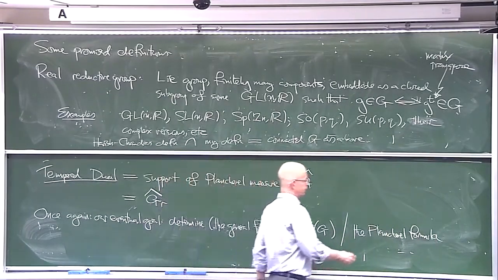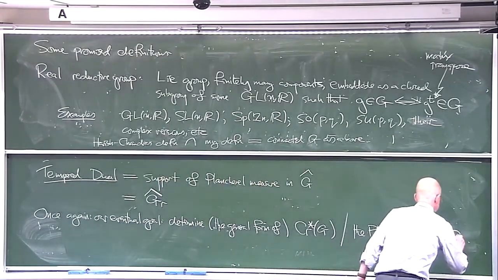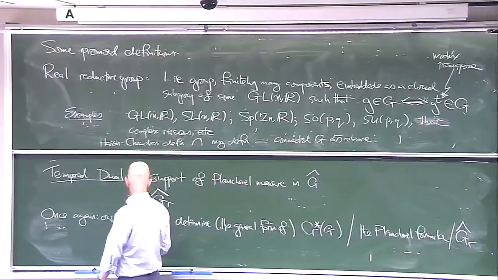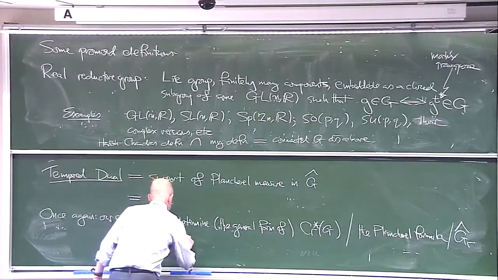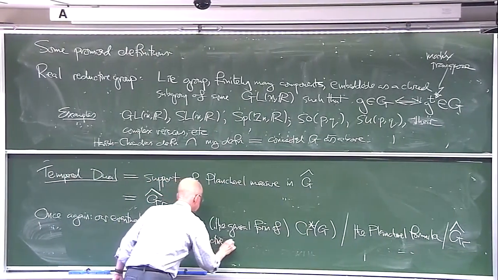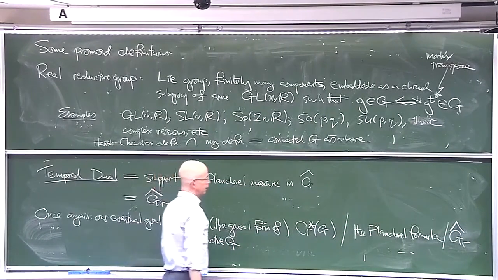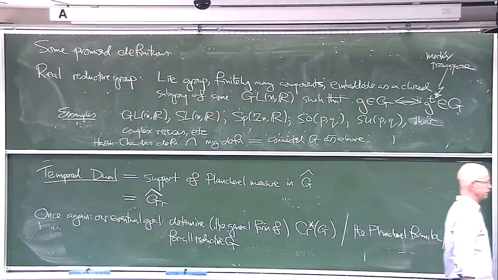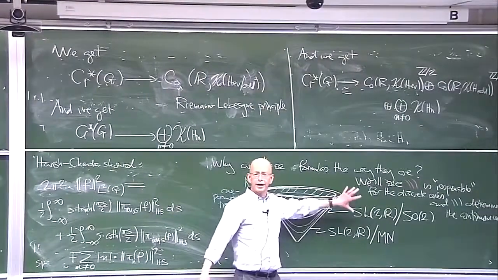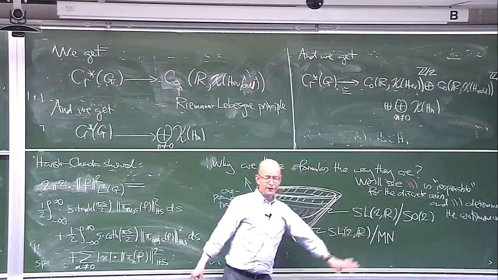Which, again, is more or less equivalent to understanding this space for reductive groups. And to determine the general form means to find some geometric explanation which tells us why it is the way that it is.